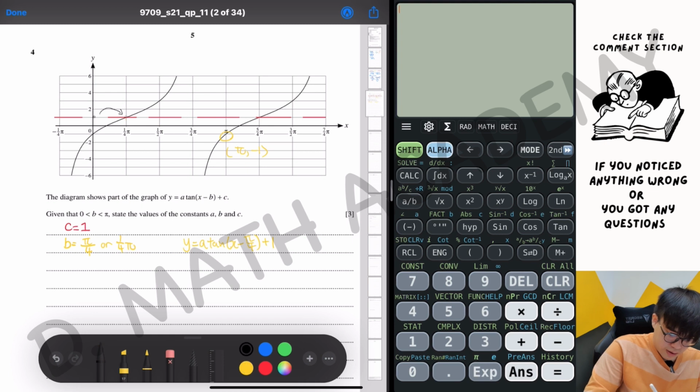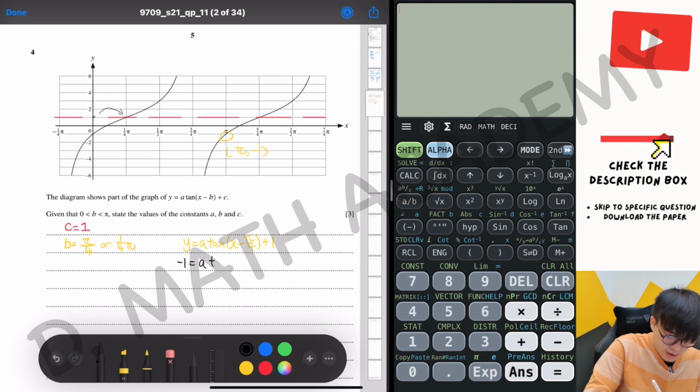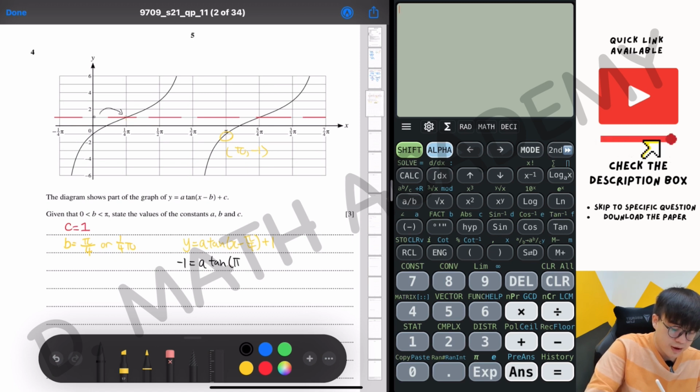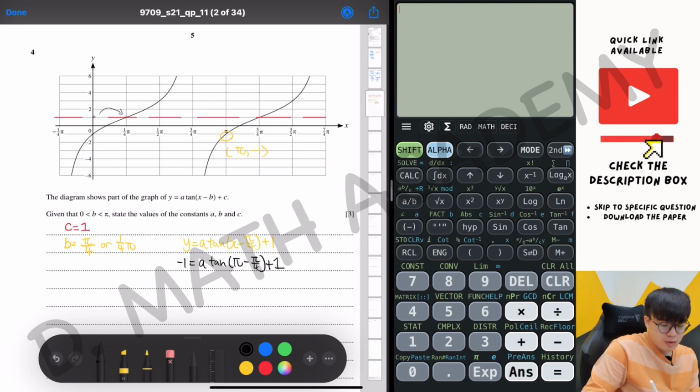So when I put in my y, it was -1, my a is still the unknown that I'm trying to find here, my x is now pi, and then let's see whether we can get the results.